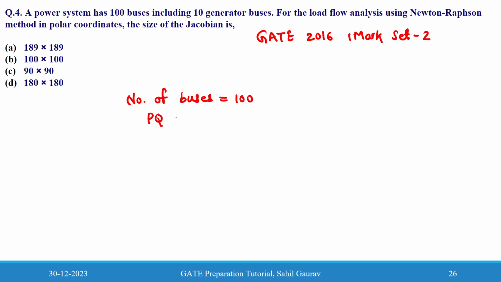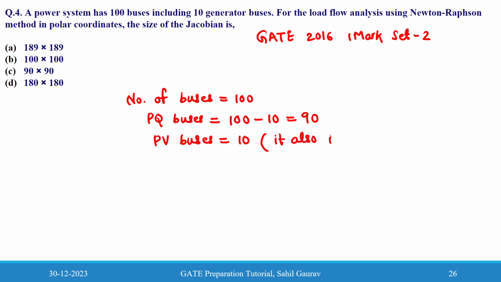PQ bus is 100 minus 10, that is 90, and PV bus is 10. So here we can say that it also includes the slack bus, but in the Jacobian matrix you do not have to include the slack bus. You have to keep that in mind.